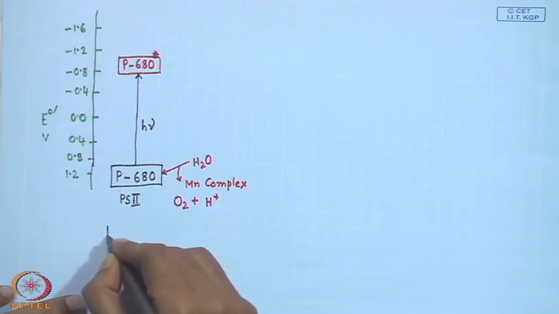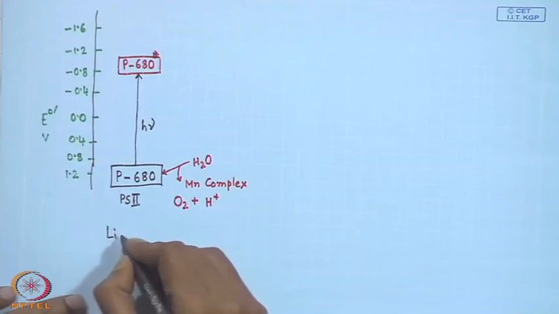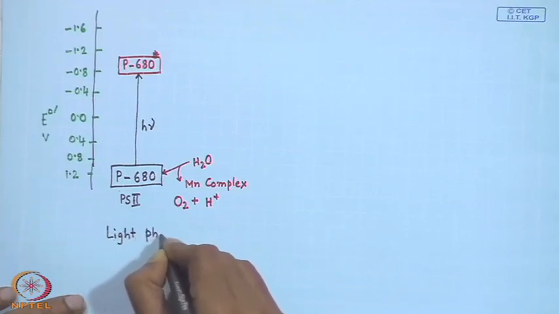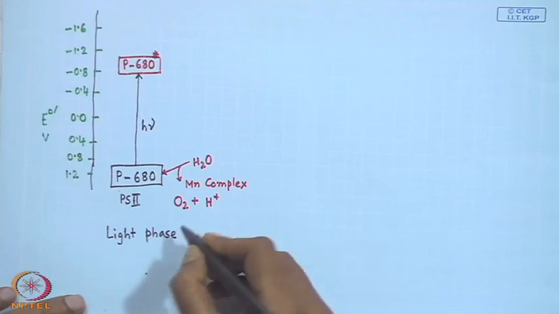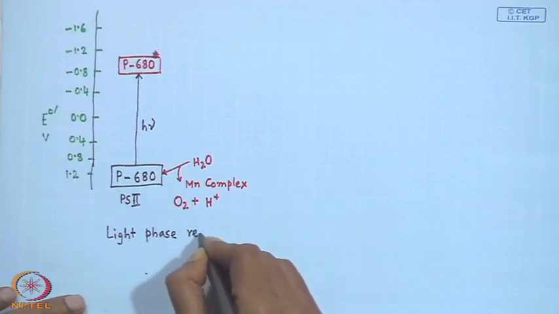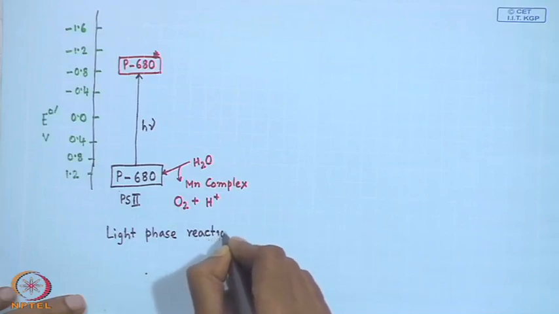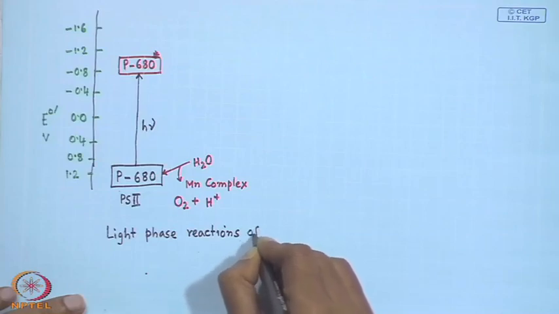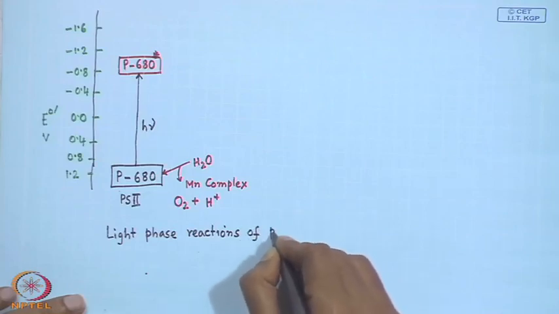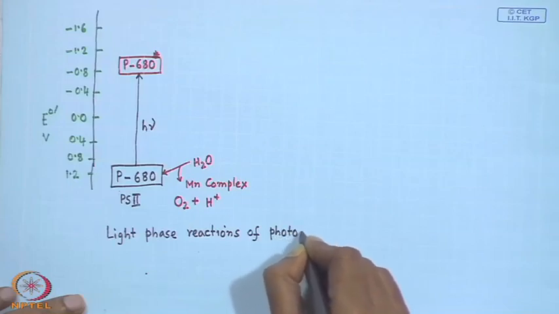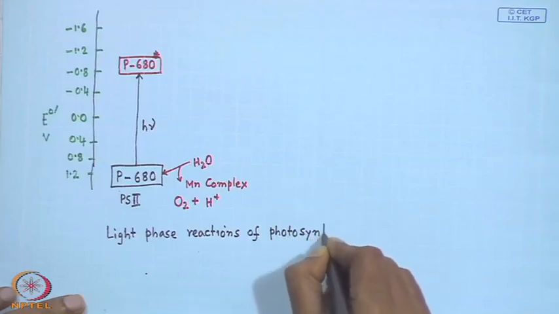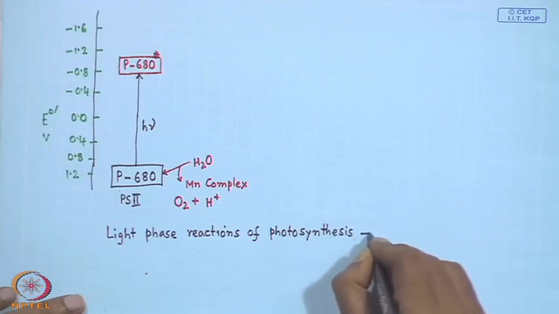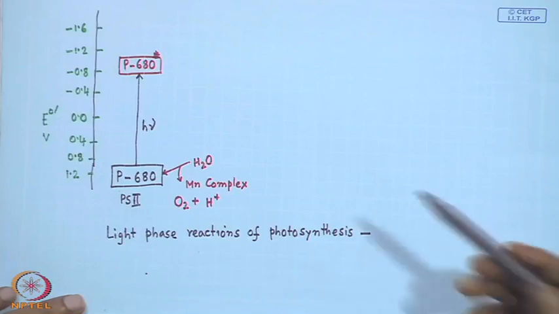So, what we are doing here is nothing but the light phase reactions of photosynthesis, which is also popularly known as the Z scheme.